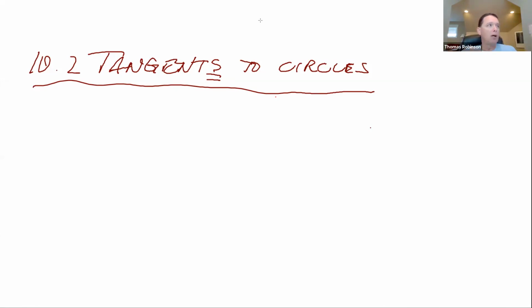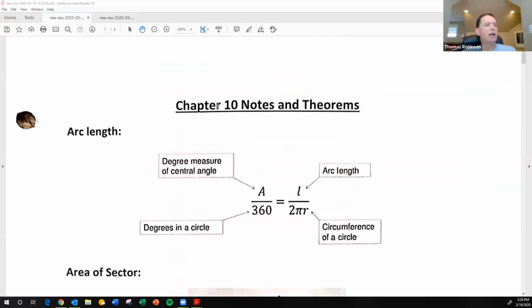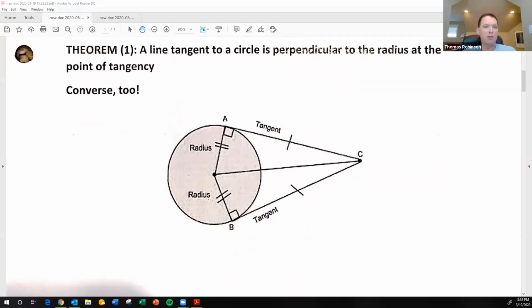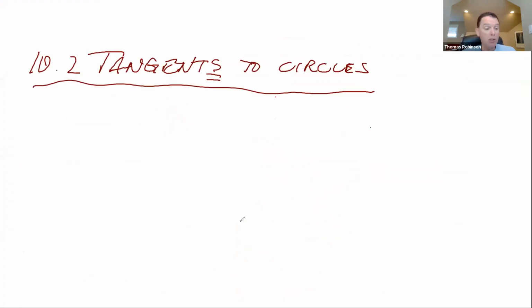I also have up on this other screen the packet of notes and theorems that I gave to you. So we're going to be right here to start today. That might mean a couple of different packets and sheets of paper in front of you, in addition to your book, because we're going to do some stuff out of the book, plus the notes you're taking, so I'm sure it's quite a scene where you are.